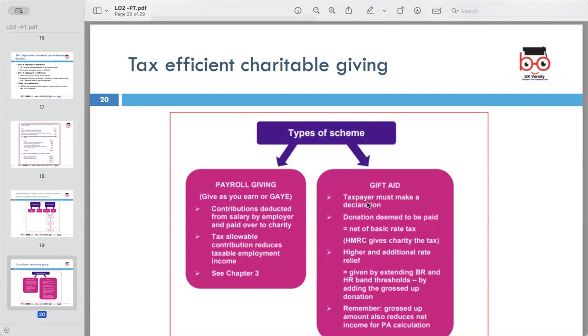The amount contributed through payroll giving is tax allowable, meaning it reduces the individual's taxable employment income. This method offers a convenient way for individuals to support charities regularly while benefiting from tax relief.